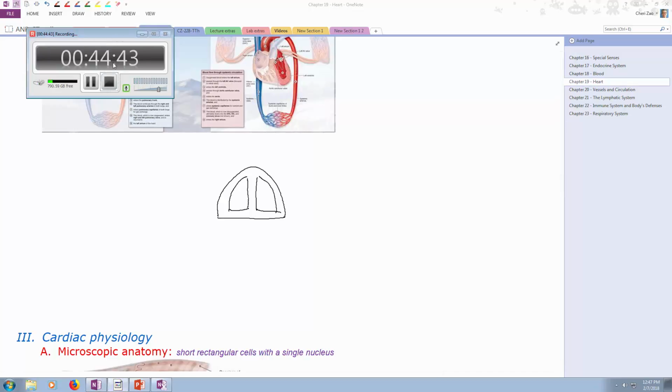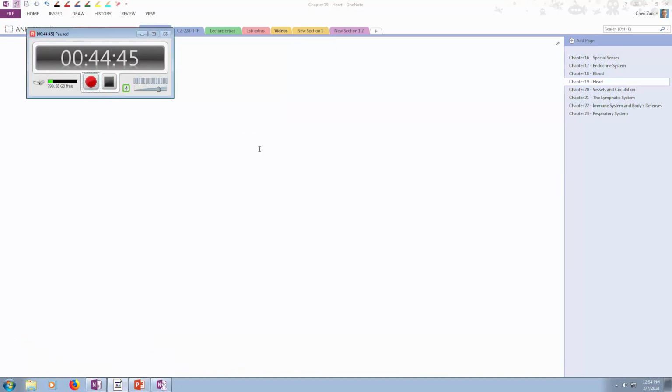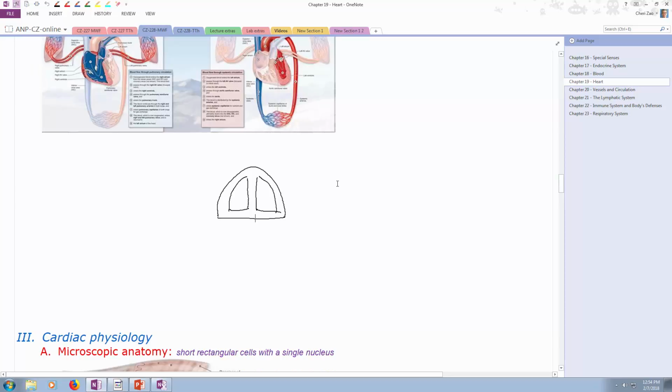Pause. Okay, so let's go ahead and draw some more to this diagram. So right here we've drawn our thoracic cavity and lungs inside. Now I'm going to go ahead and draw a rectangle off to one side and another rectangle off to another side.